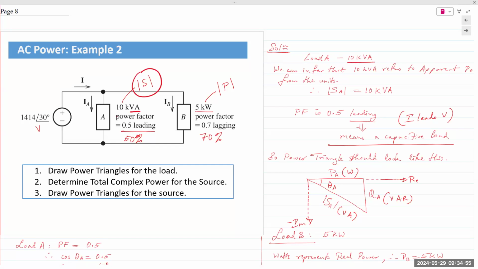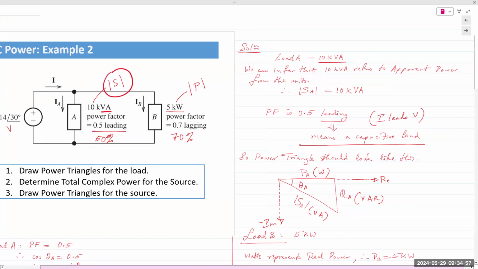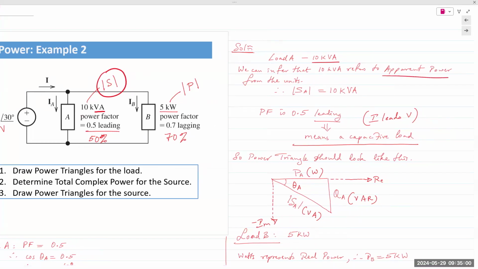So 10 kVA refers to the apparent power, or magnitude of S. Apparent power is the magnitude of S. I've chosen the subscripts accordingly. For element A, subscript is A. For element B, subscript is B. For the source, subscript is S.